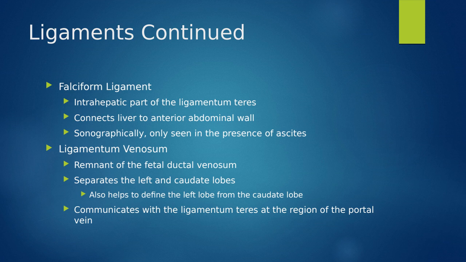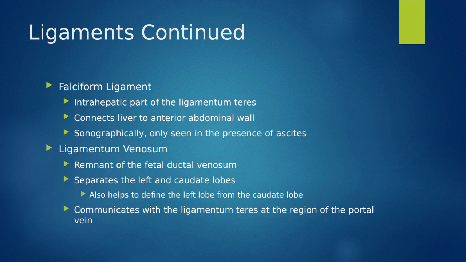With that, we see this falciform ligament stretching, because it's trying to connect the liver still to the abdominal wall. And now we see it all surrounded by fluid. So that's the only time we see this falciform ligament, when we have ascites, fluid buildup that's pushing that liver further away from the abdominal wall.